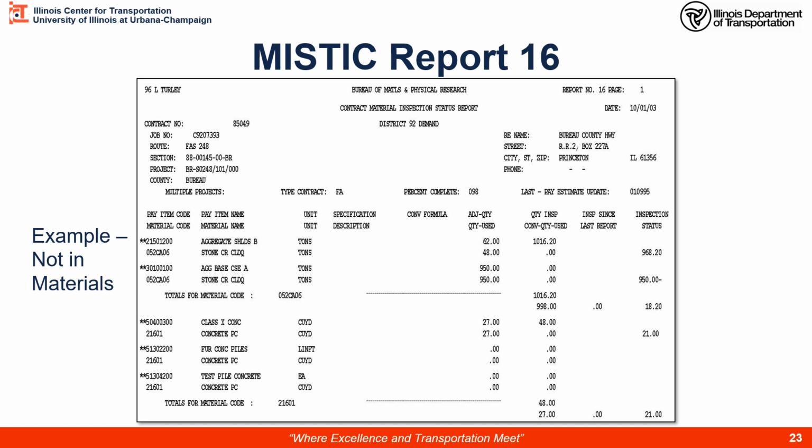If we look over here for this aggregate material, adjusted quantity was 62 tons. The quantity we've inspected was 1,016. We're looking pretty good. But if you see a negative number in the inspection status, that means the district has not received and recorded any material inspections or evidence of material inspection for those items.